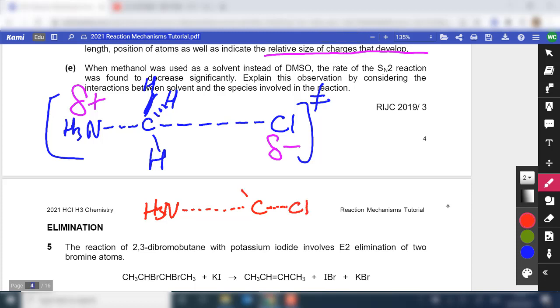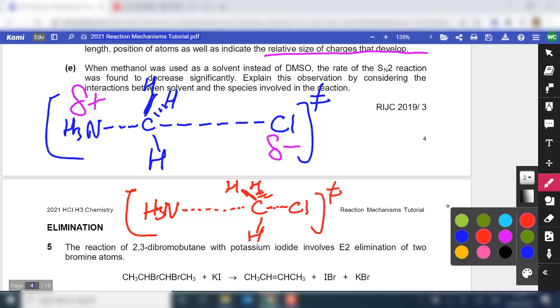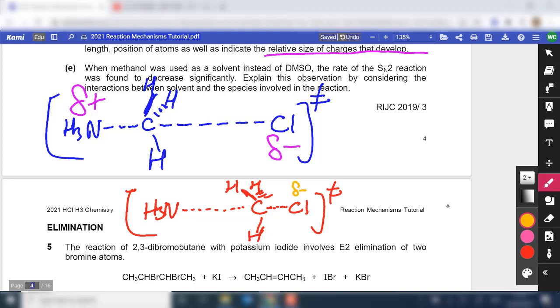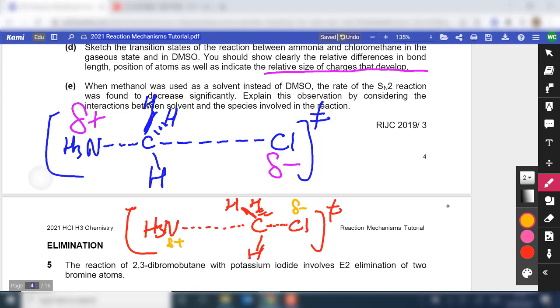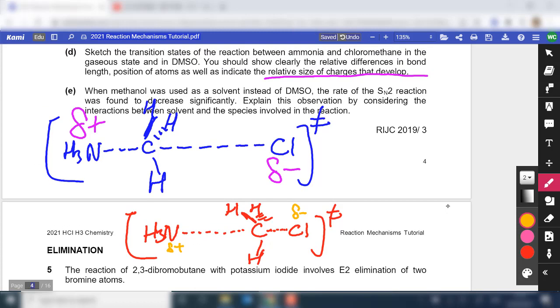And of course, we still get the geometry that we are expecting, and we want to show that it's a transition state. In terms of the partial charges, they will be developing but very little, so I'm going to put a small delta minus here and a small delta plus here. So that's what it means when we say we need to show clearly the relative bond lengths, positions, as well as the relative size of the charges that develop.